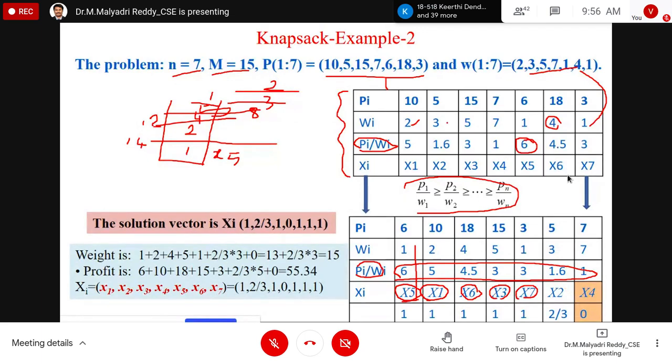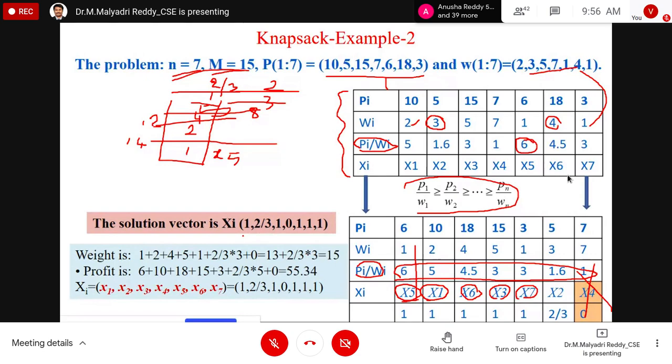X2's total weight is 3, but the capacity would be exceeded, right? So from that I have to take only 2 units from 3 units. The bag is full, right? So X4 is not needed.